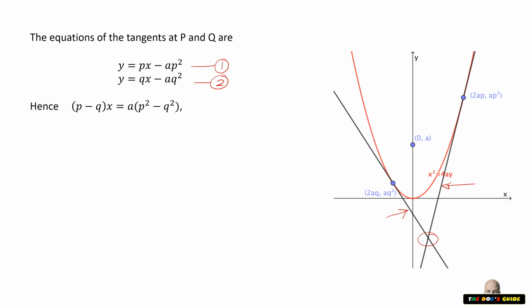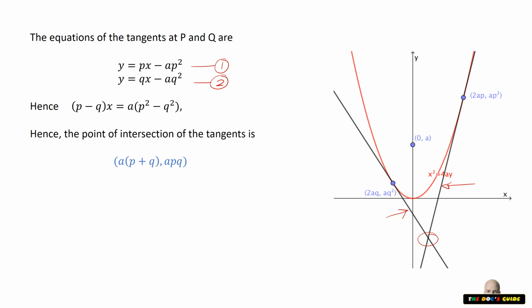That's just either setting them equal to each other and gathering terms, or you might like to think of it as subtracting one equation from the other. Whichever way you think of it, you should do it to convince yourself that you know the process. And then if we divide both sides by p minus q, the coordinate of x will be a outside of p plus q.